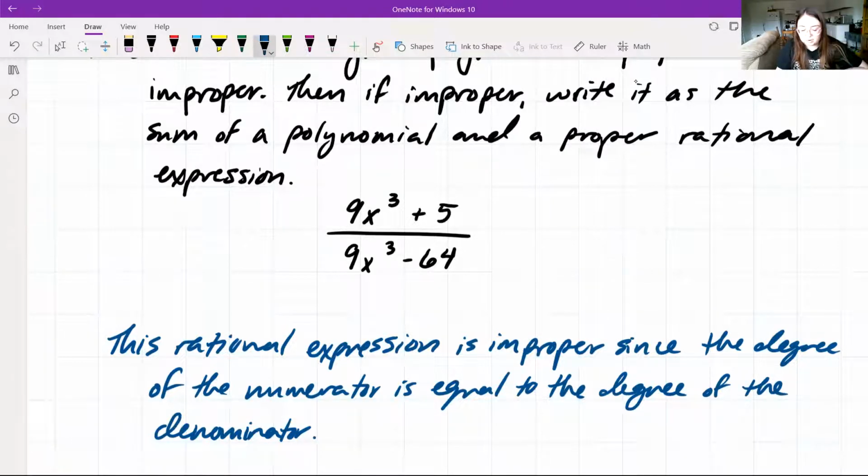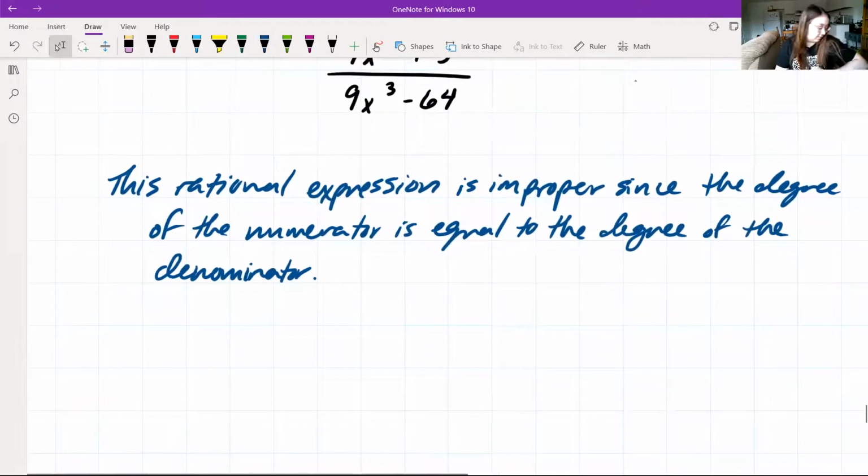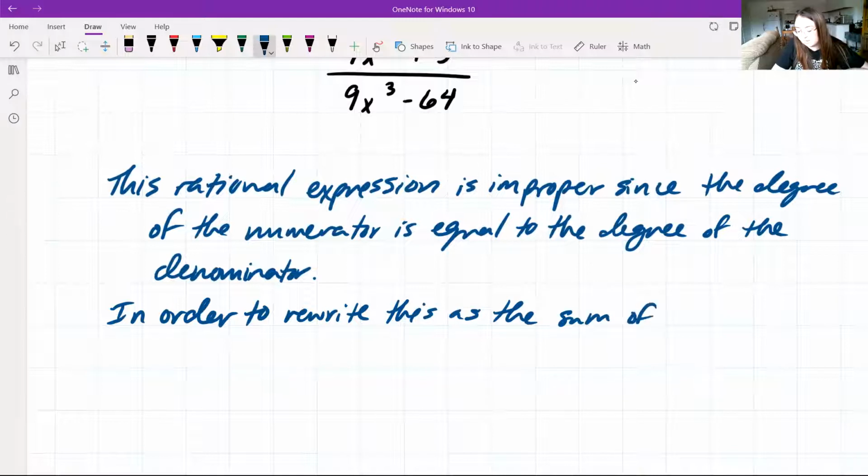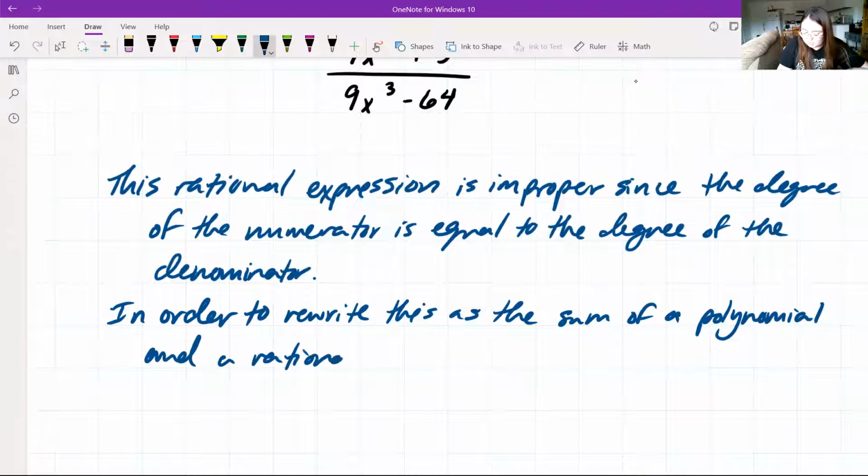This means that we need to rewrite it as the sum of a polynomial and a proper rational expression. So in order to rewrite this as the sum of a polynomial and a rational expression, we're going to go ahead and use long division.